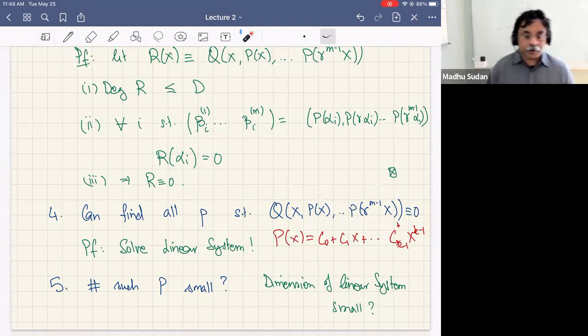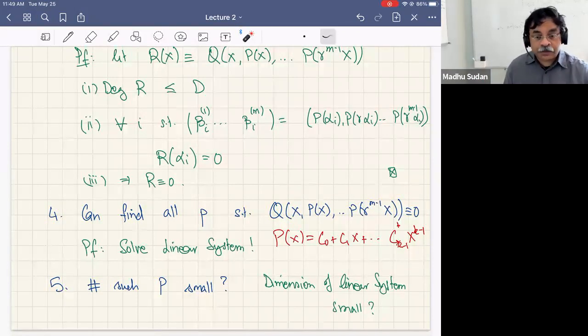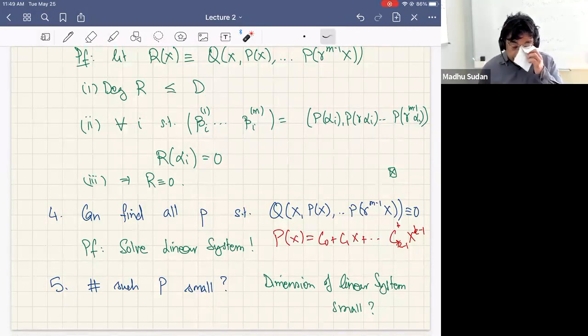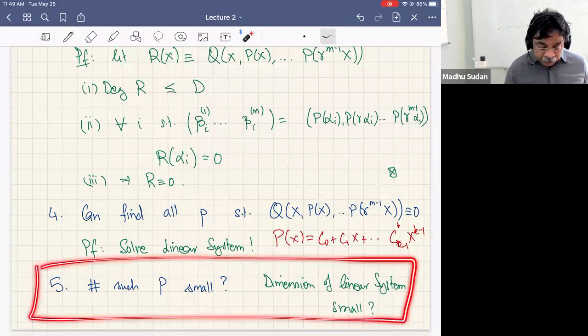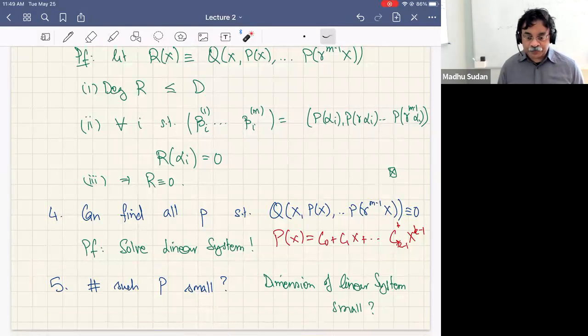Because we're working in FQ, the number of solutions is going to be of the form Q to the power of the dimension. So we want the dimension to be constant so that we can claim that the number of solutions is polynomial in M, polynomial in the input length. Does that make sense? This is all that is to be done.